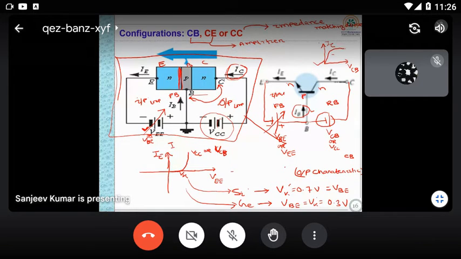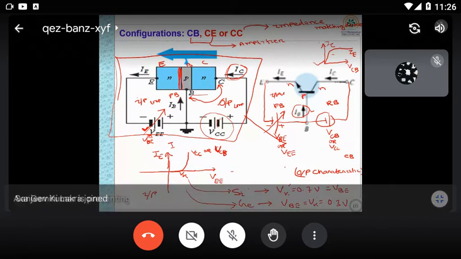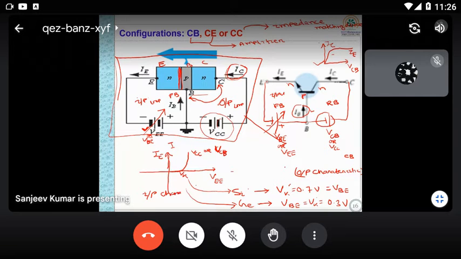So this behavior will be like this. So at different IE, this feature will be there. And this is your output characteristic. This is input characteristic, and this is your output characteristic. So different IE values I can plot. So this will be like this.